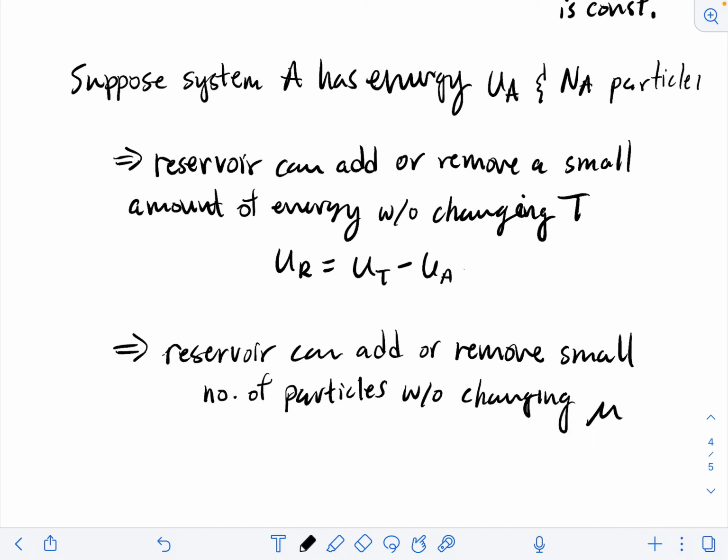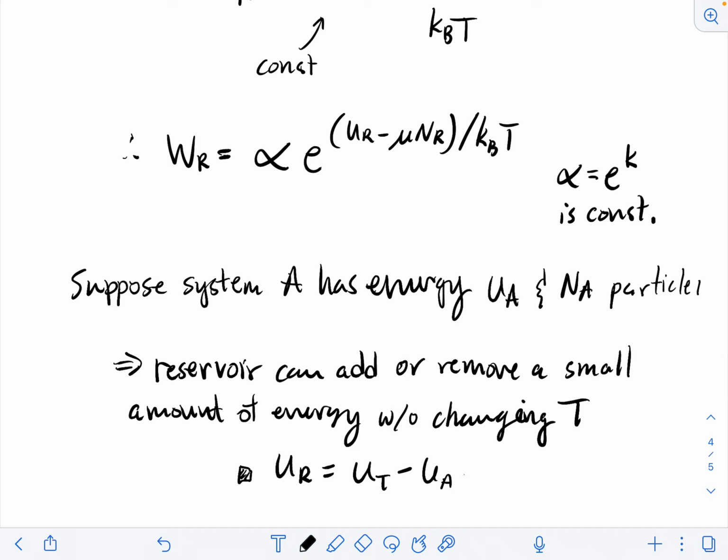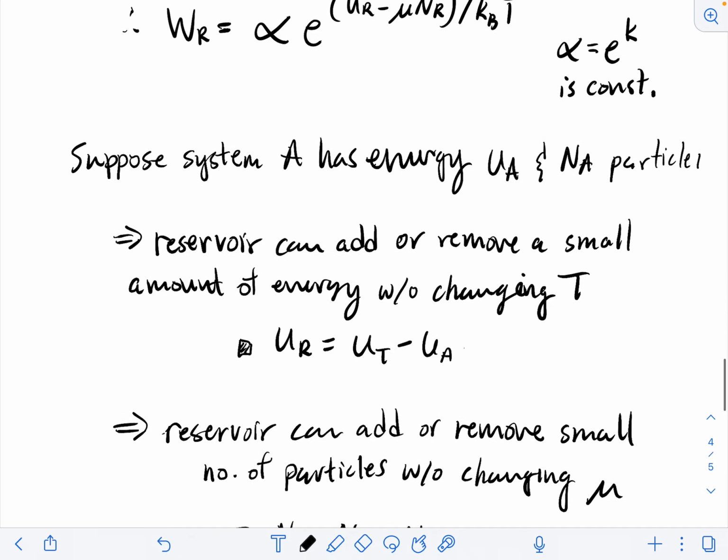And the number of particles of the reservoir is equal to the total number of particles in the ensemble minus the number of particles in system A. Very shortly, we'll take these expressions for UR and NR and sub them into our WR that we just calculated. In fact, let's do that right now.